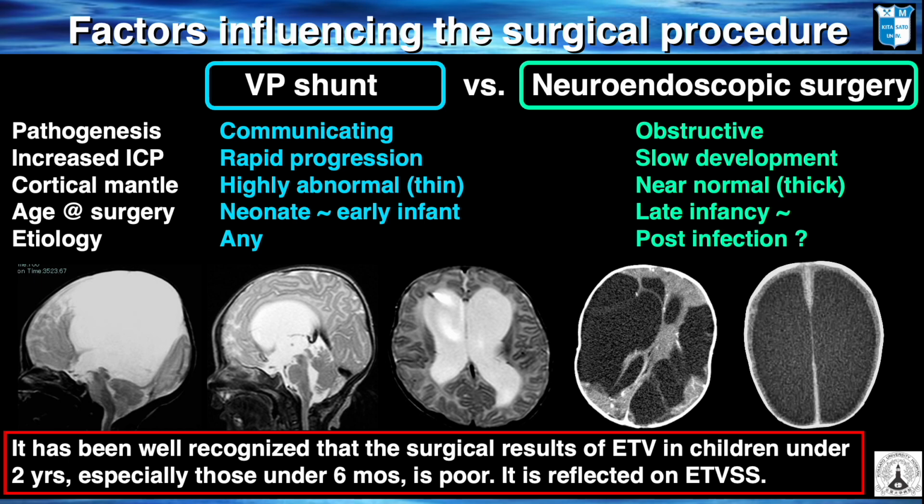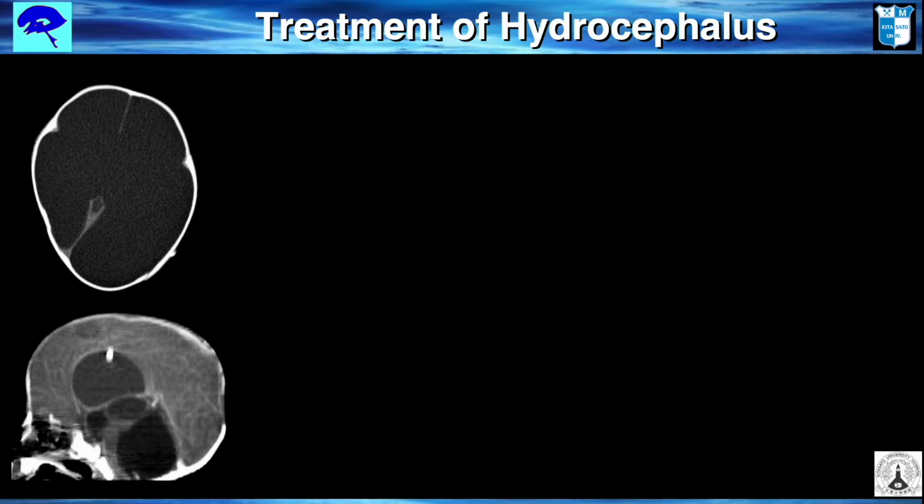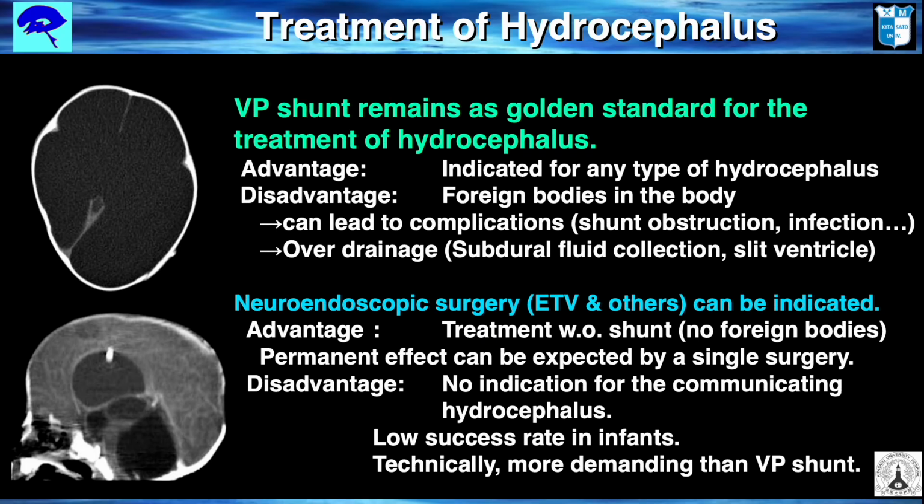And it has been well recognized that the surgical result of ETV in children under 2 years, especially those under 6 months, is poor. And it is reflected in the ETV success rate, as I mentioned before. So when you face which one to choose for the treatment of hydrocephalus, you need to think about these factors.